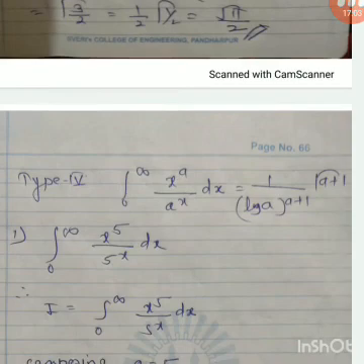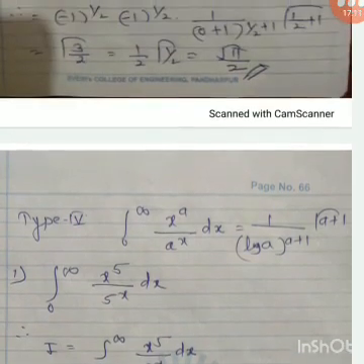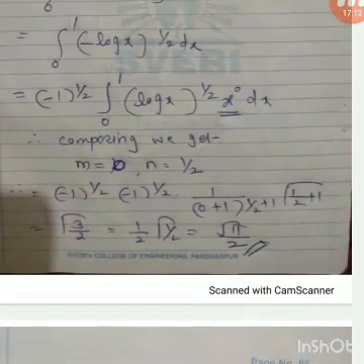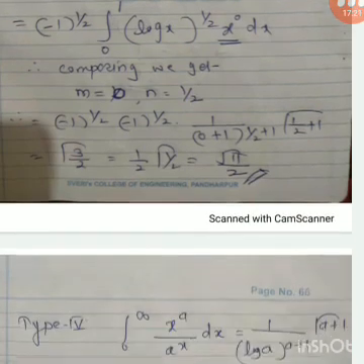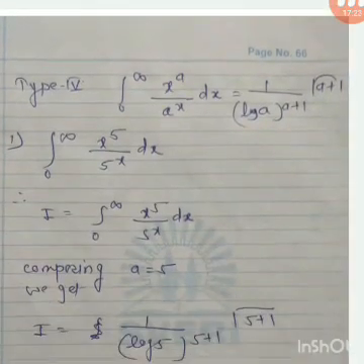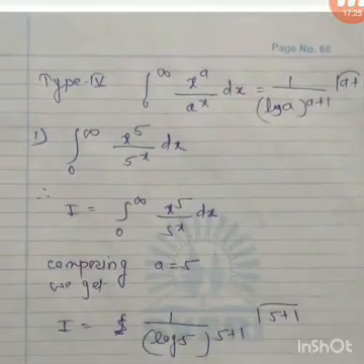Gamma 3 by 2 remains, that is half plus 1. 0 plus 1 means 1, and 1 raised to anything is again 1. 3 by 2 we can write as half into gamma half, that is root of pi by 2. Hope you have understood log of 1 by x, log a by b first, and that half power is of that root. Similarly you can simplify the example and we will get the answer.